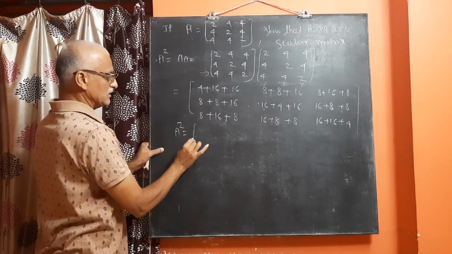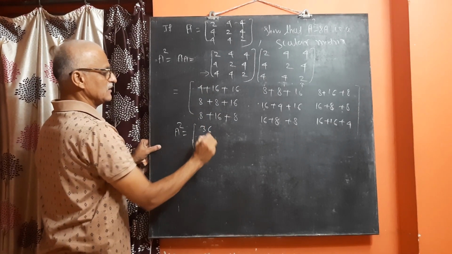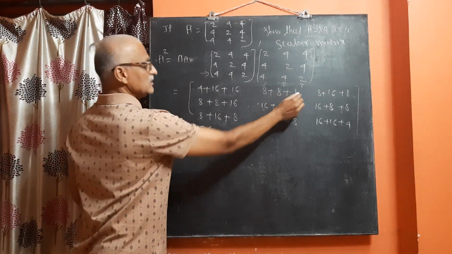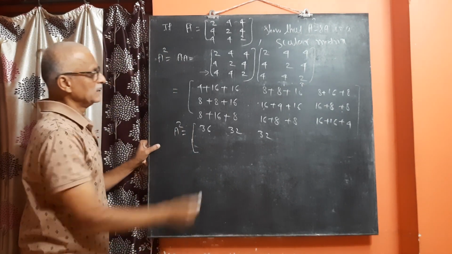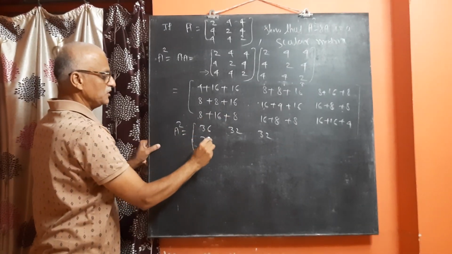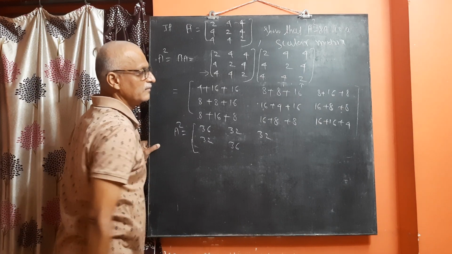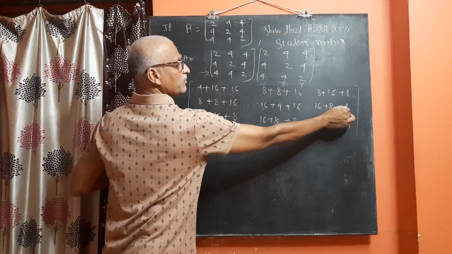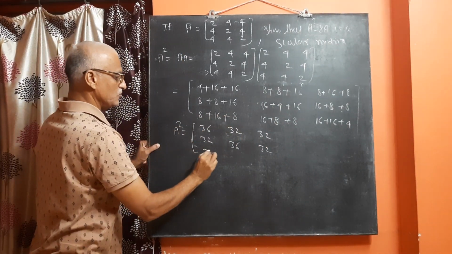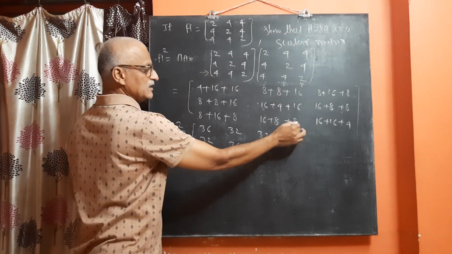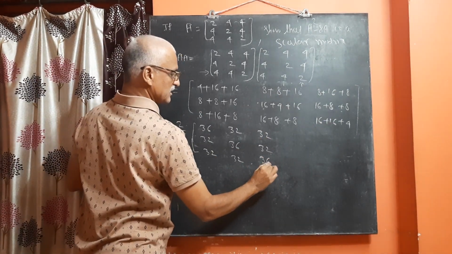First row: 16 plus 16 is 32, 32 plus 4 is 36, 8 plus 8 is 16, 16 plus 16 is 32, 8 plus 8 is 16, 16 plus 16 is 32. Second row: 8 plus 8 is 16, 16 plus 16 is 32, 16 plus 16 is 32, 32 plus 4 is 36, 16 plus 8 is 24, 24 plus 8 is 32. Third row: 8 plus 8 is 16, 16 plus 16 is 32, 8 plus 8 is 16, 16 plus 16 is 32, 16 plus 16 is 32, 32 plus 4 is 36.